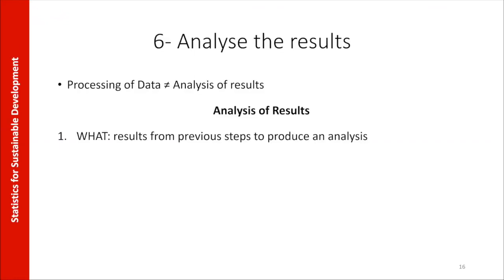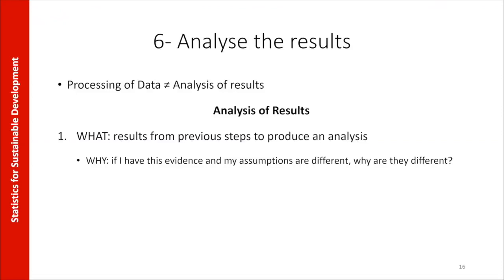So what we are going to do in the analysis of results is basically ask ourselves three kinds of questions. The first one is what? What means, what are the results that we have gotten during all this process? What are the indicators that we have produced during the analysis?